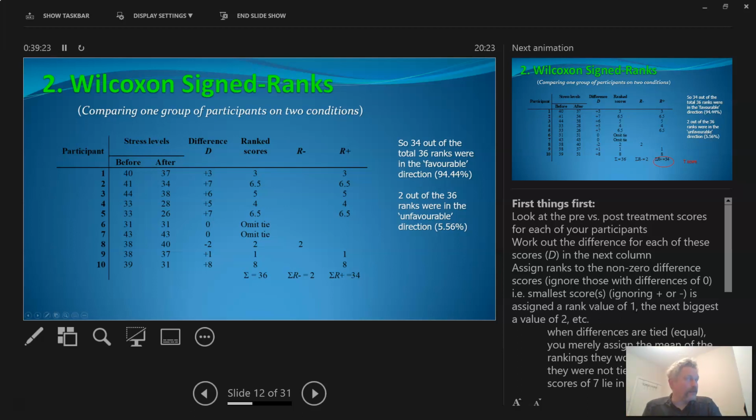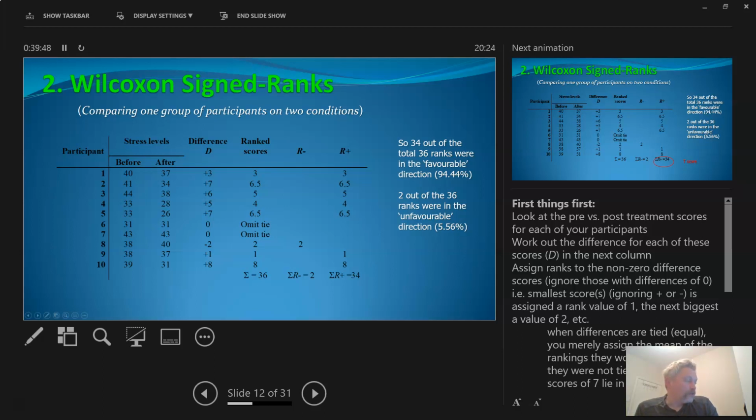And we can see that. If we just separate out whether scores increased after taking part in the intervention, there's one person there versus all the rest who had a decrease in their stress levels after having taken part in the study.